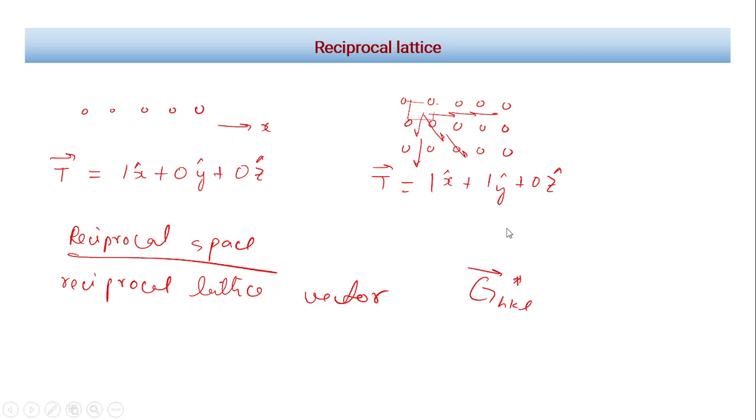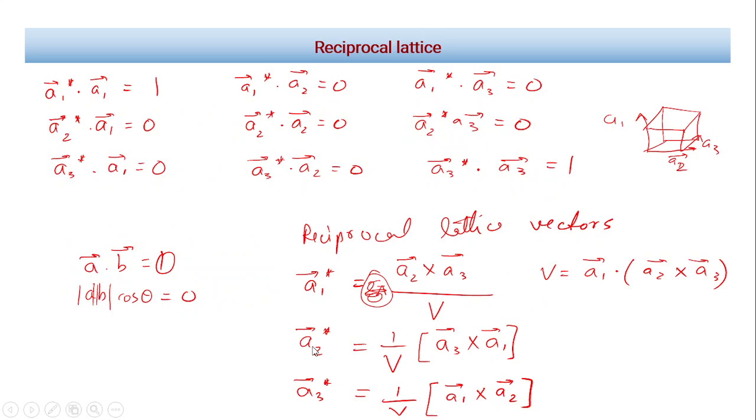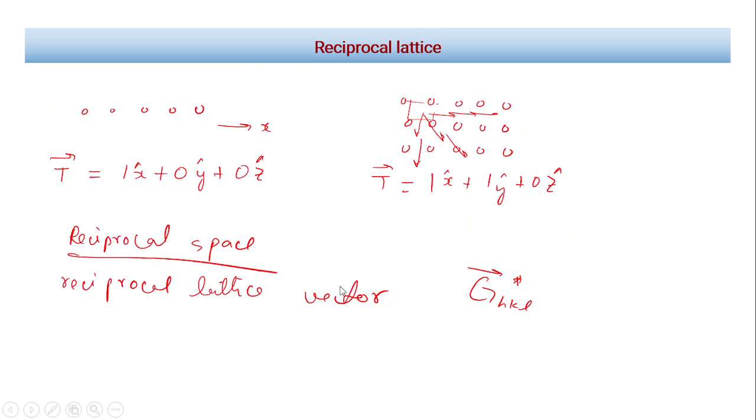This is a vector, so there is an arrow and a star, because we have been using the star denotation for all the reciprocal lattice vectors as well, right? A1 star, A2 star, A3 star. Similarly, this is called the reciprocal lattice vector. And we define this reciprocal lattice vector G hkl. We'll see why we are keeping this plain hkl denotation here.